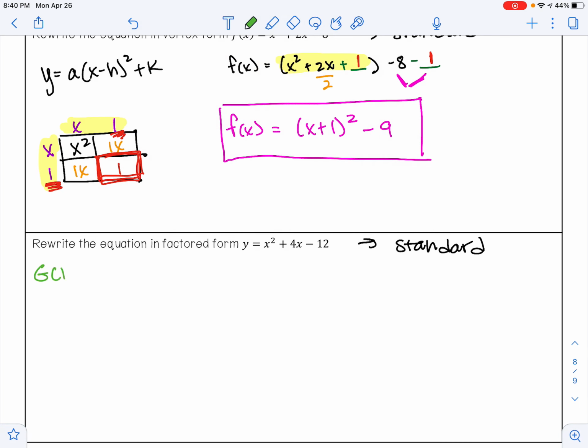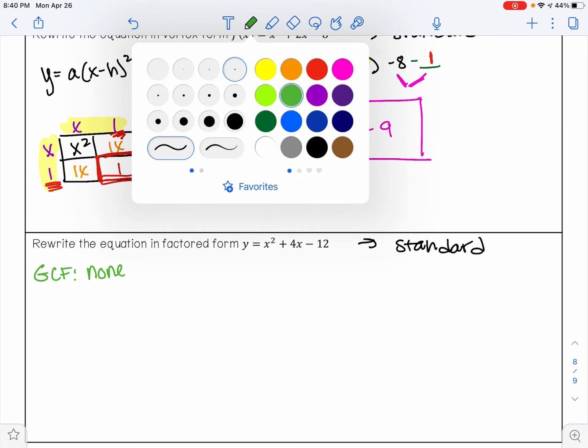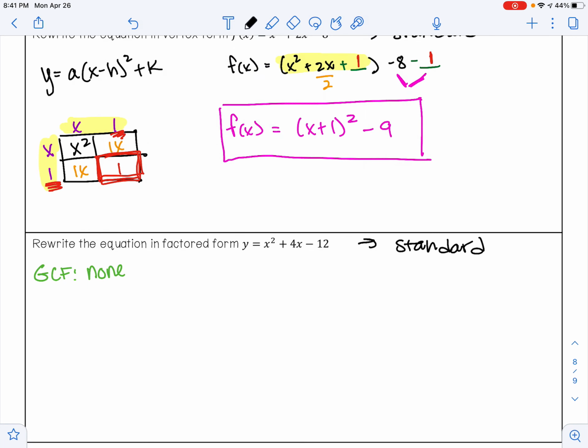First step with factoring is to look for a greatest common factor, and here I do not have one. So then I can go straight to the area model. First term goes in the first box, last term goes in the last box. You always want to multiply your first number by your last number.